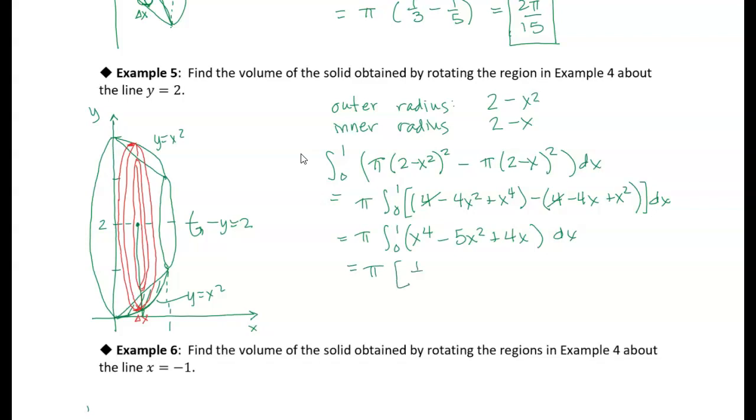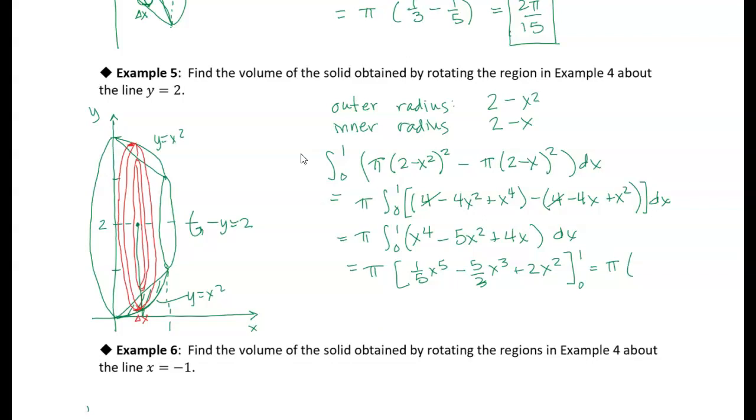So this becomes 1/5 x to the 5th minus 5/3 x cubed. And then 1/2 of 4 is going to be 2x squared. Okay, and evaluate that from 0 to 1. What do I get? I've got pi, and when I evaluate everything at 0, it's just 0.